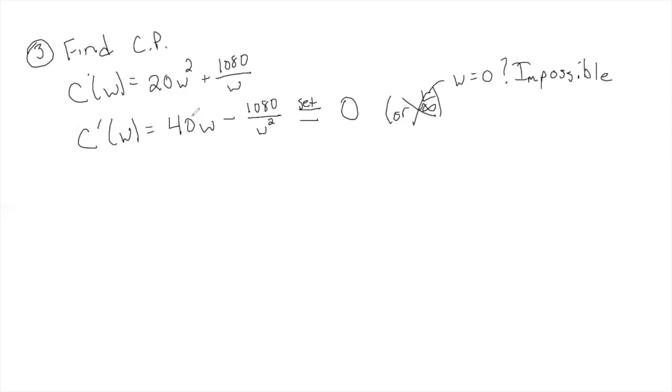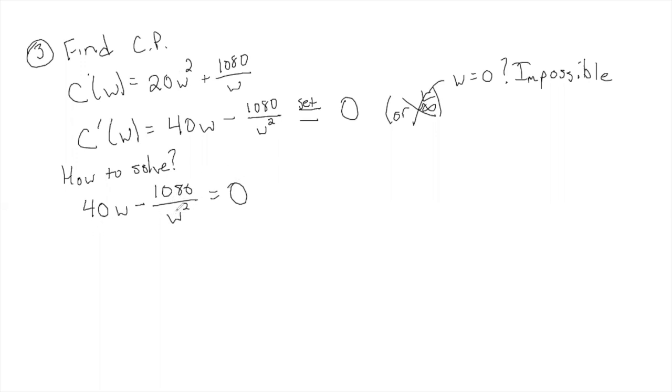Okay, so we set this equal to 0 and we solve. How do we solve? Now, this is something that I think a lot of students will struggle with, but it really is not very difficult. So if I have 40W minus 1080, over W squared equals 0.